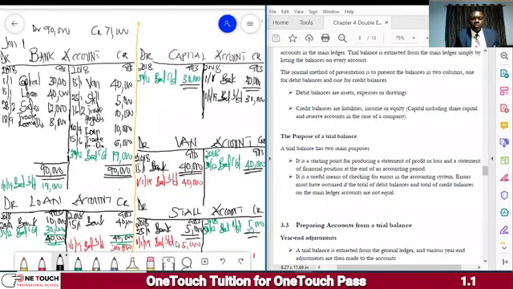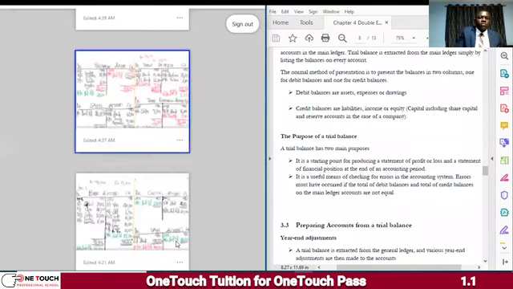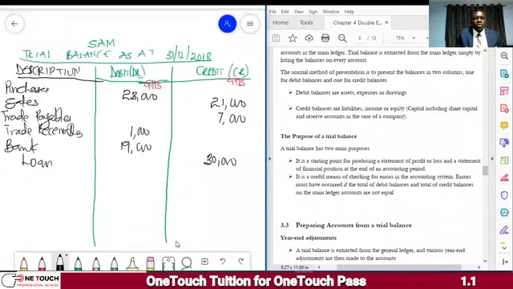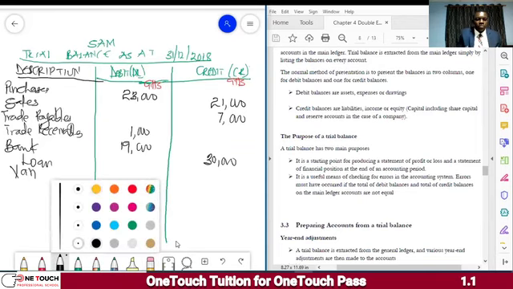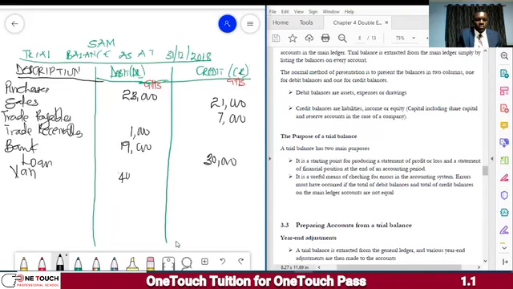We have capital 30 credit, motor van 40 debit. So capital is a credit of 30 and van is a debit of what? 40. So we have van as a debit of 40. Okay, so capital is a credit of what? 30.